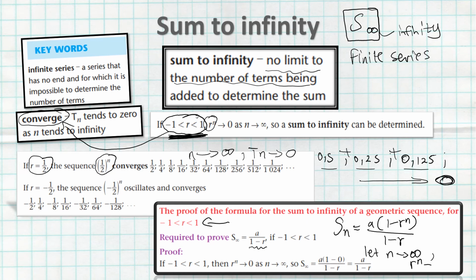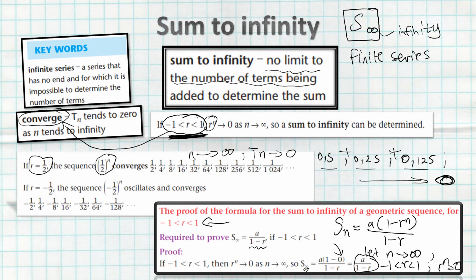Then r exponent n will be moving closer to 0. So they replaced r exponent n by 0, and they replaced n by infinity because they wanted to calculate the sum to infinity. Then they got a times 1 over 1 minus r, a over 1 minus r. That's how they got the formula.